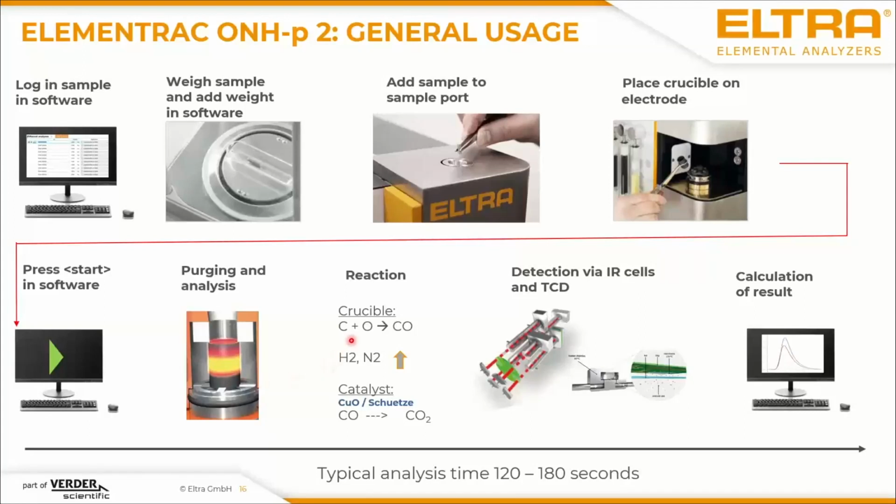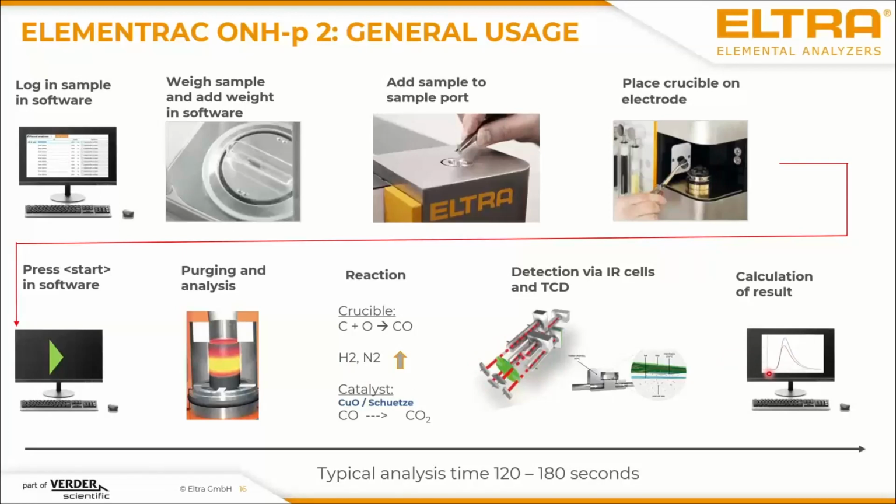The metal will melt, oxygen will be released, hydrogen and nitrogen will be released. Oxygen will react with the graphite crucible to CO, subsequently to CO2, and we detect CO2, hydrogen, and nitrogen with gas detectors such as infrared cells or thermal conductivity detectors.